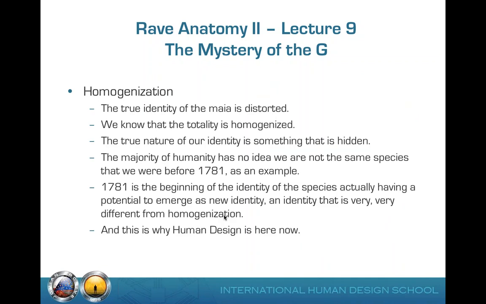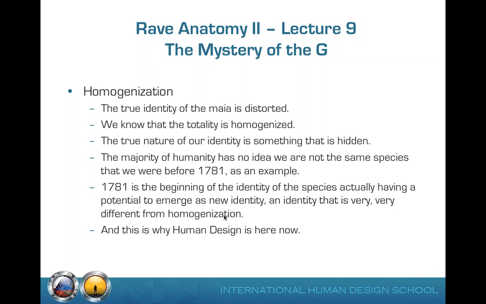So talking about homogenization for a minute, the true identity of the Maya is distorted, right? I think we can all probably pretty much agree with that. We know that the totality is homogenized. The true nature of our identity is something that is hidden. And the majority of humanity has no idea we are not the same species that we were before 1781, as an example, right?